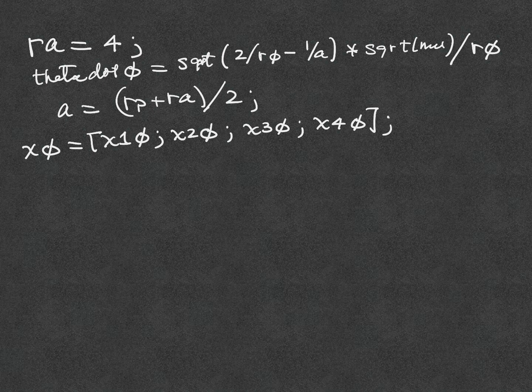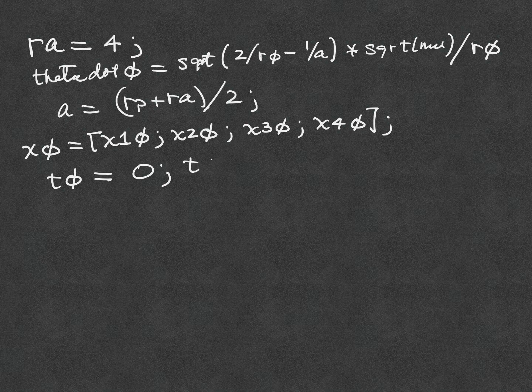Now, the next thing I need is a time span. I'm just going to do the time span this way. Again, I happen to know something about this problem, so that's why I'm picking the time span the way I'm picking it. But t0 is equal to 0.